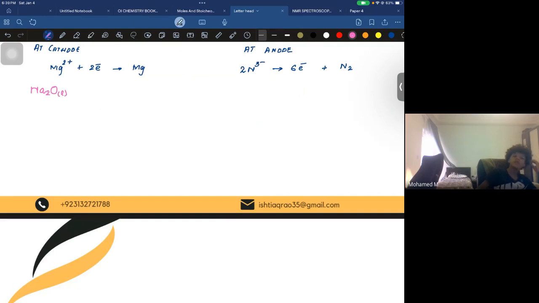Oh, okay. Does the equation change whether it's molten or not? The product would change if you have molten or aqueous.